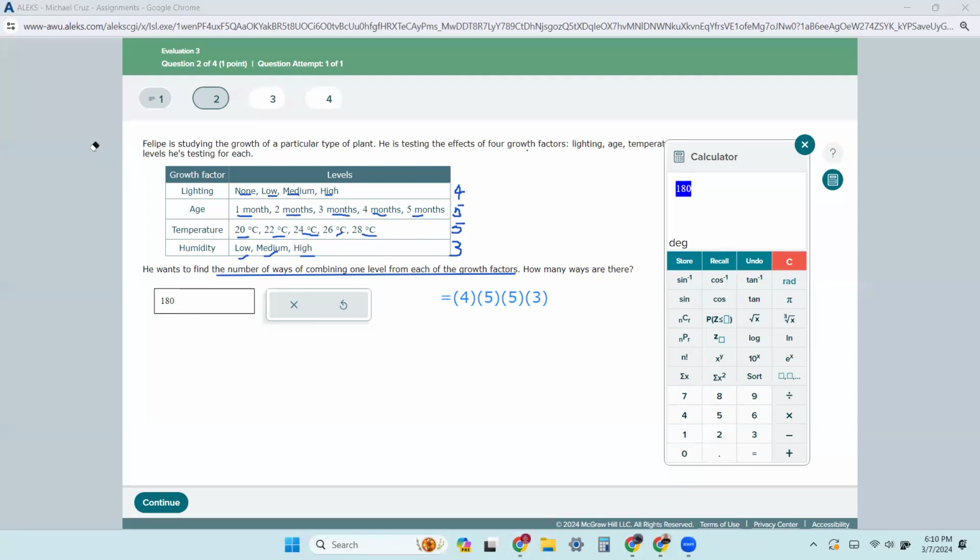That's essentially what we call the counting principle. Sometimes it's called the multiplication property because you're multiplying.